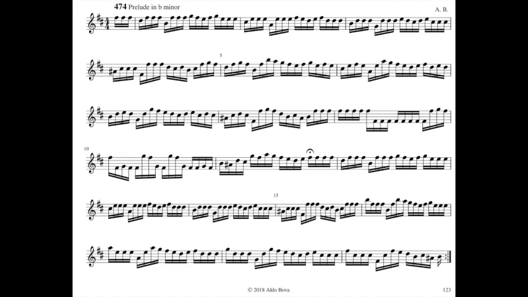But now we have to do something to arrive at the chord of the fifth, to create the condition for coming back to the chord at the beginning of the piece.